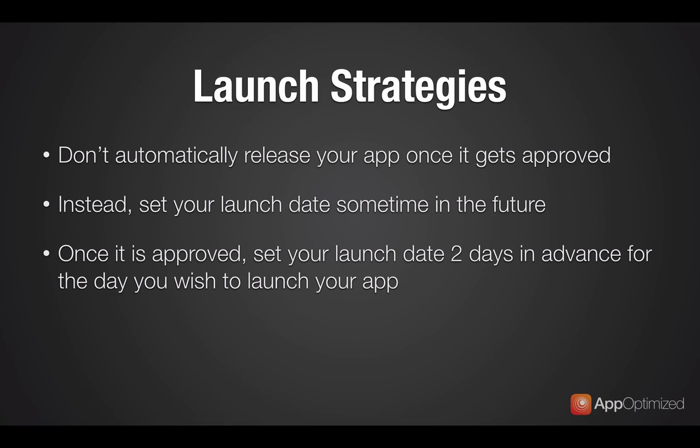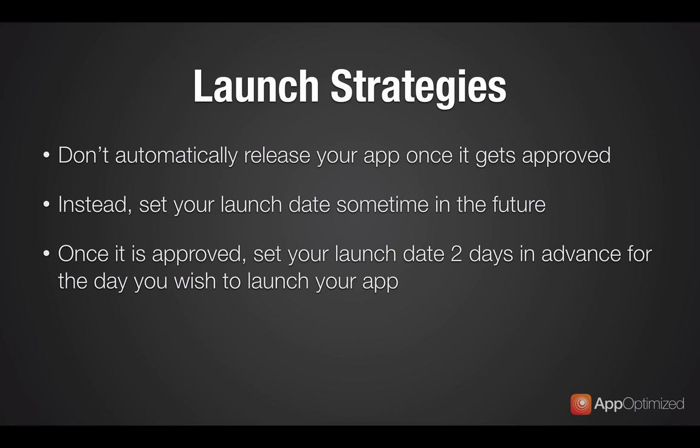So once your app is approved, it will be put on hold until you choose when to launch it. What I would recommend is you set your launch date 2 days in advance of the day you wish to launch your app. The reason for that is, as I mentioned in a previous video, there are over 150 app stores in different countries all over the world, and the time zones change throughout.